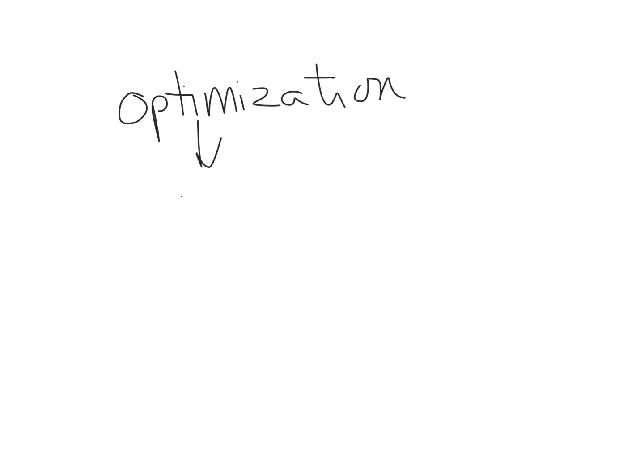Optimization comes from the root optimal, meaning to make the best possible decisions, or to have the best outcome. Often optimization is used to describe how a business might utilize its resources, whether human resources or materials and so forth, to ensure the best outcome, whether it's saving money or maximizing profit.